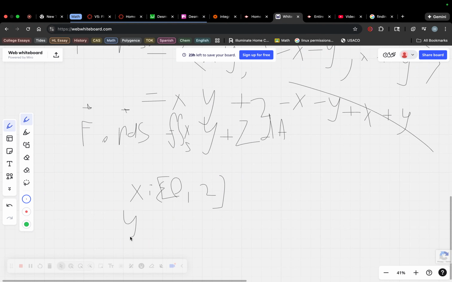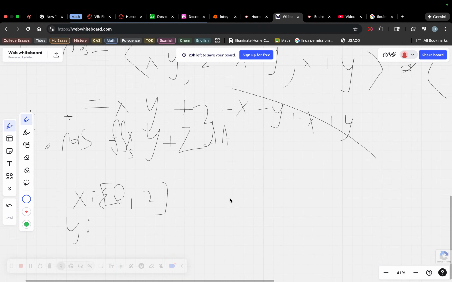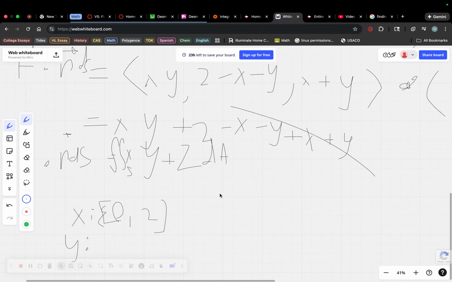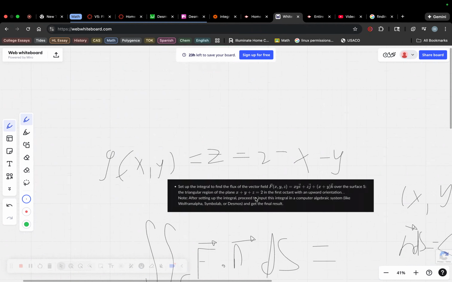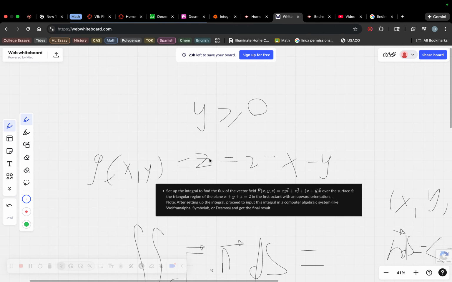And then y is a little bit more complicated. We could use this formula. So we know z is greater than 0 because it's in the first octant.